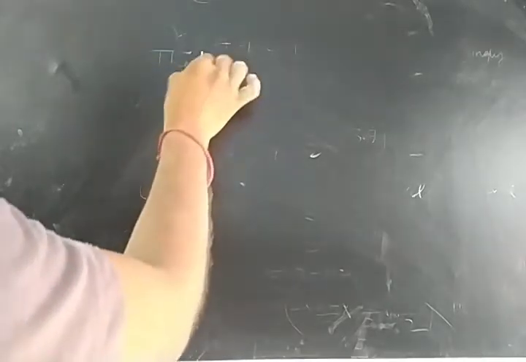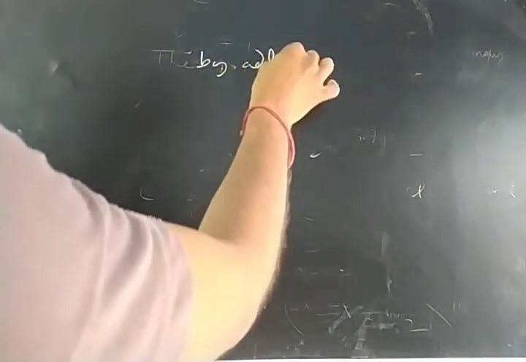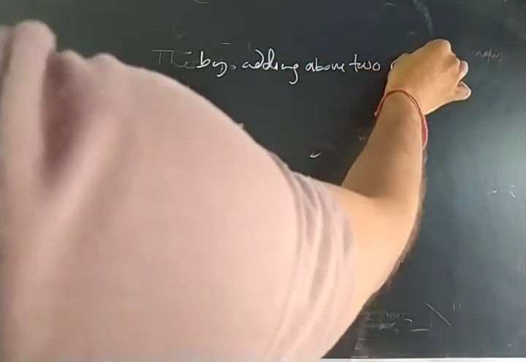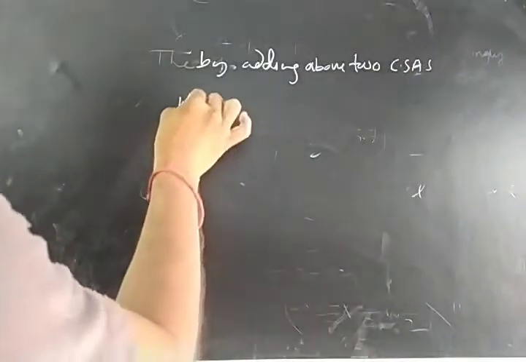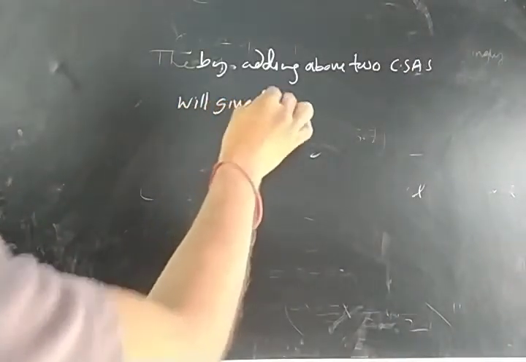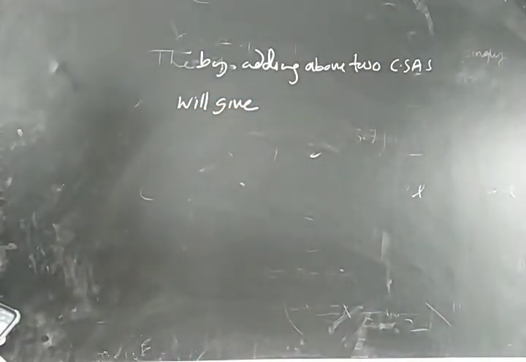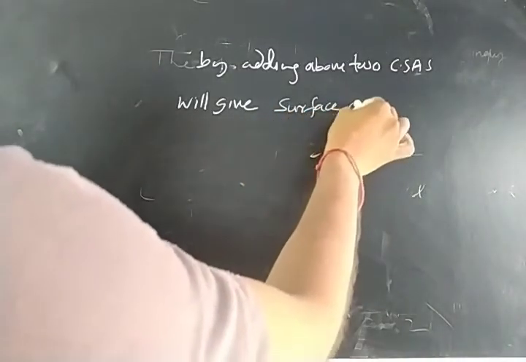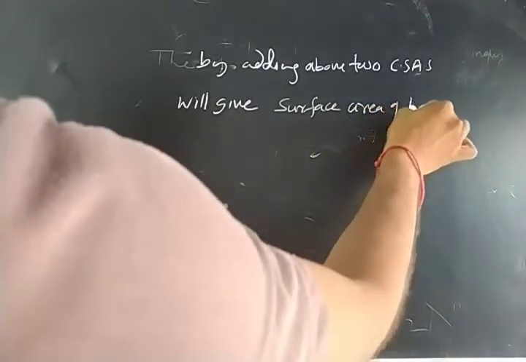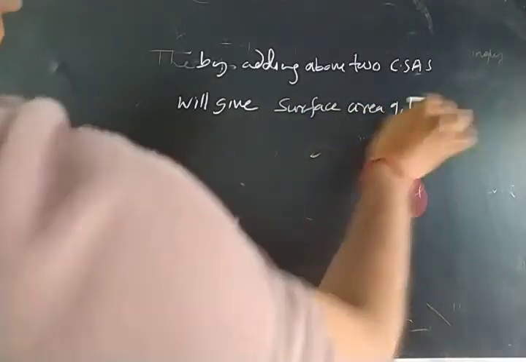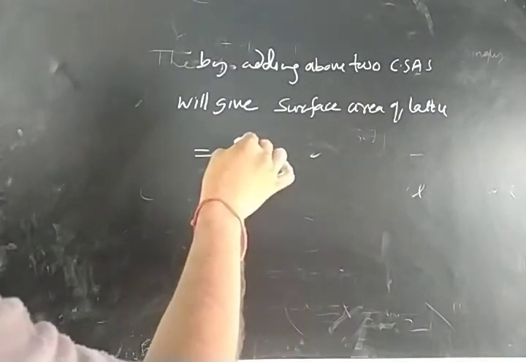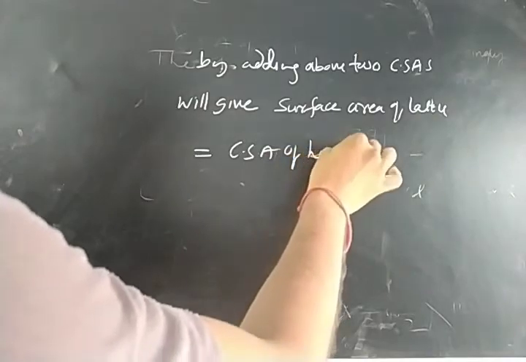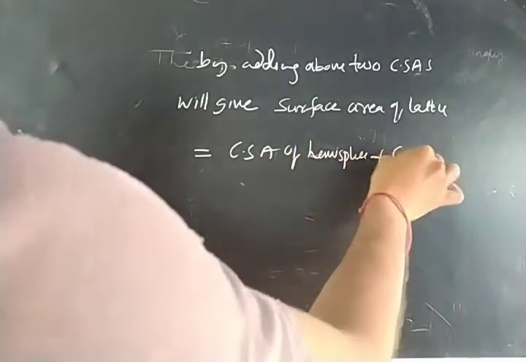By adding the above two CSAs, you will get the surface area of the plateau, that equals the CSA of the hemisphere plus the CSA of the cone.